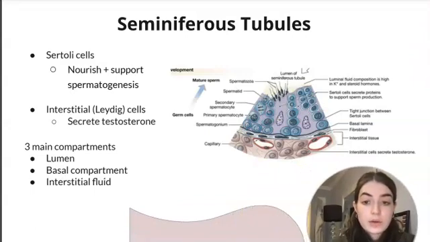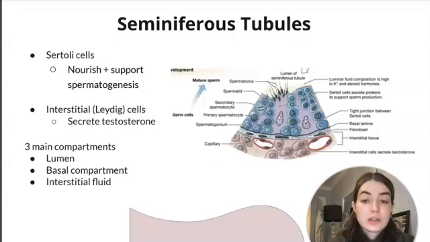Okay, and so the seminiferous tubules, again, are the site of sperm production and contain two very important types of cells, the Sertoli cells and the interstitial or Leydig cells. The role of the Sertoli cells is to regulate sperm development by providing nourishment for developing spermatogonia.